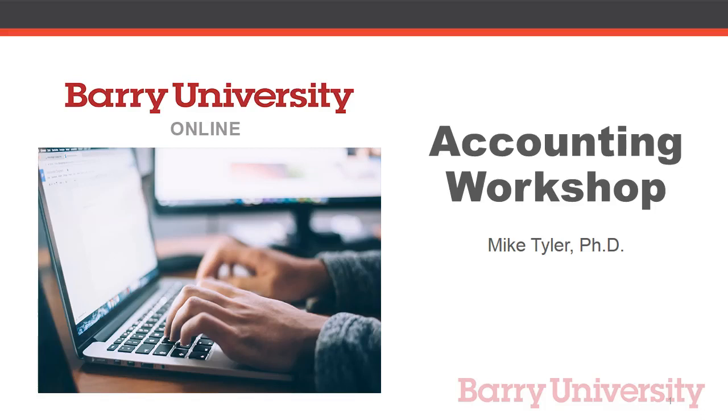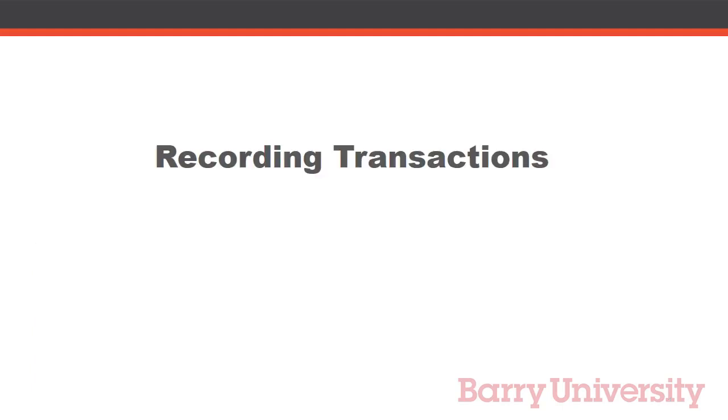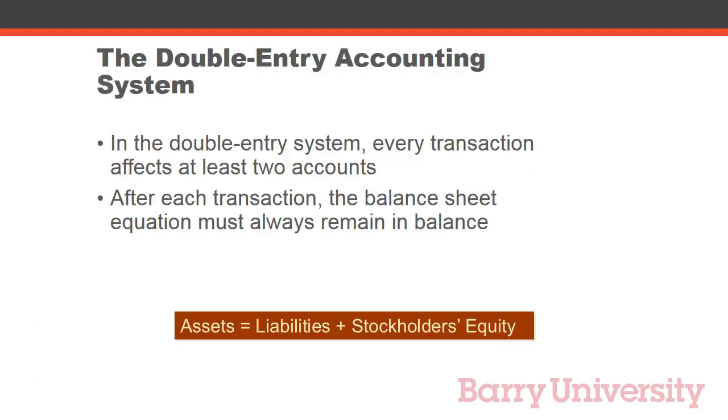In this section, we will learn how to analyze and record accounting information. In accounting, we use the double entry accounting system. The double entry accounting system has been around for over 500 years, when an Italian monk and mathematician named Luca Paciolo wrote a book that explained the basic accounting system.